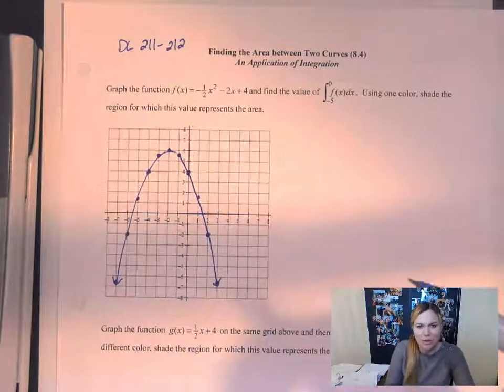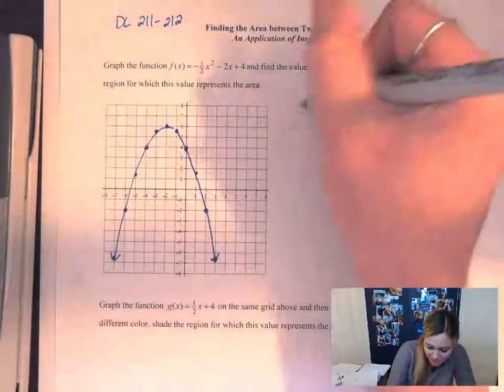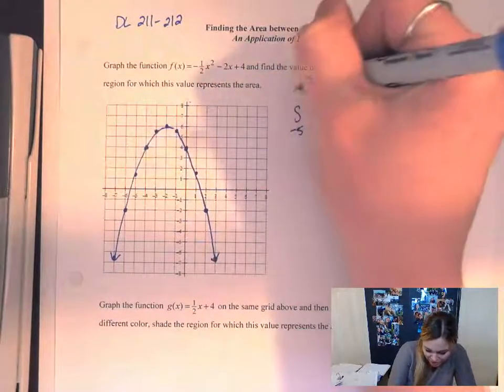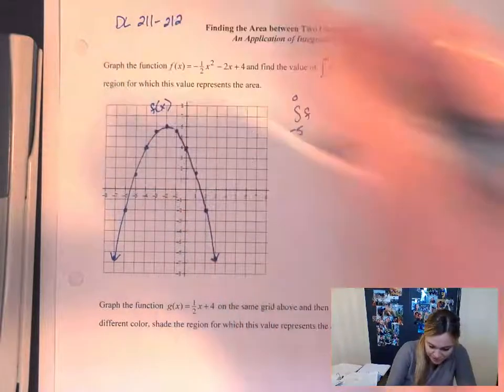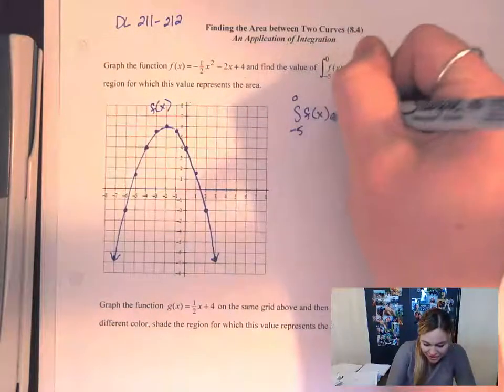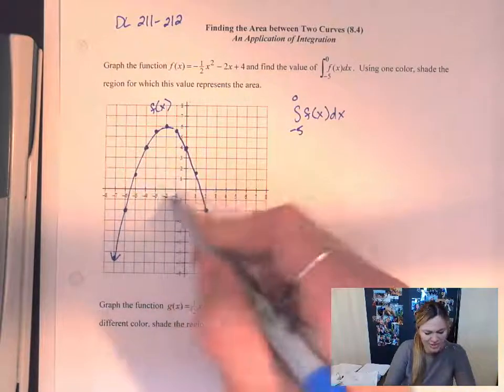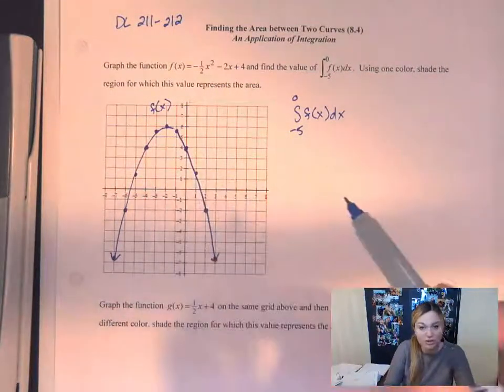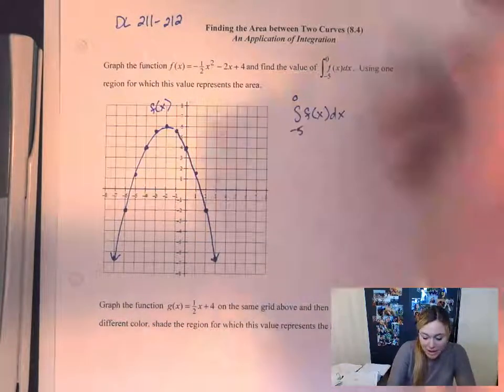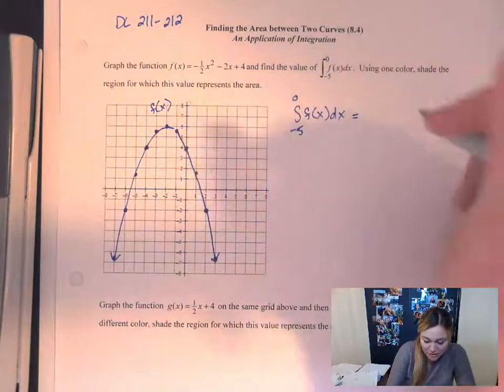Okay, so if I think about what that actually means, even without looking at my graph, right now this is a graph of f of x, by the way, but I could find the area under the curve, or could I? That's a weird shape, so I can't do it that way. So if I don't want to do the area under the curve, I think about the fundamental theorem of calculus.